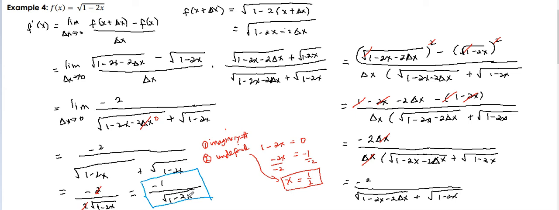Okay? So, sa imaginary number naman, syempre, kapag ito pong ating x ay pinalitan natin ng number, magiging negative yung ating value. So, kung ito ay 1/2, magiging negative 1. So, 1 minus 1 is 0. Okay lang yon. Magiging undefined.